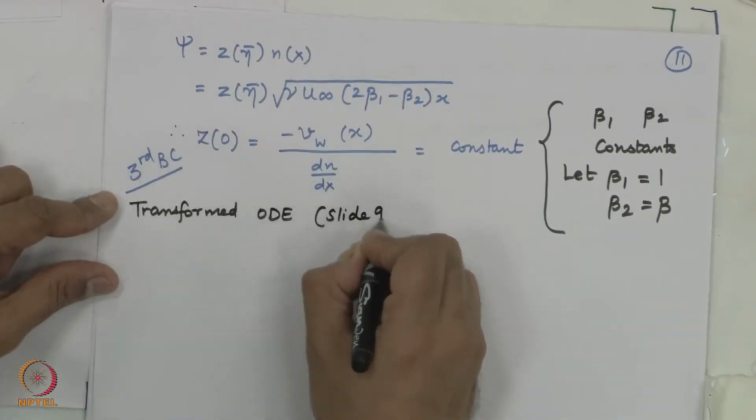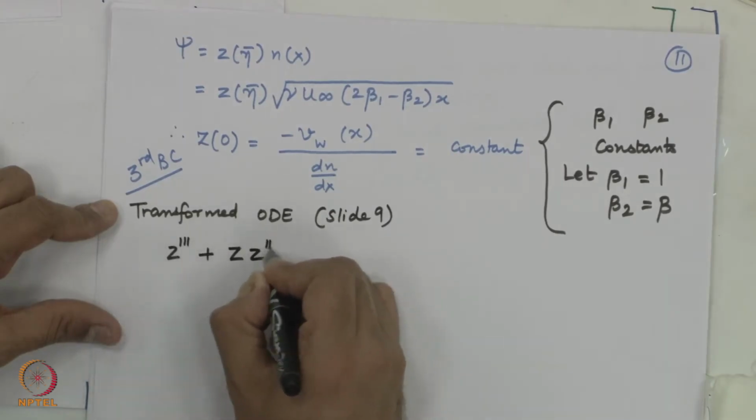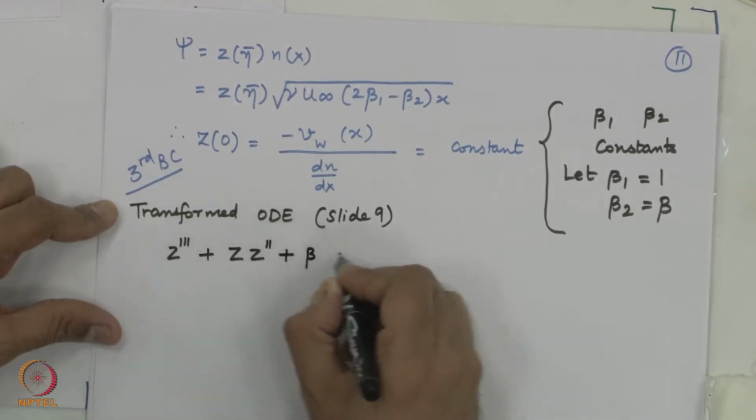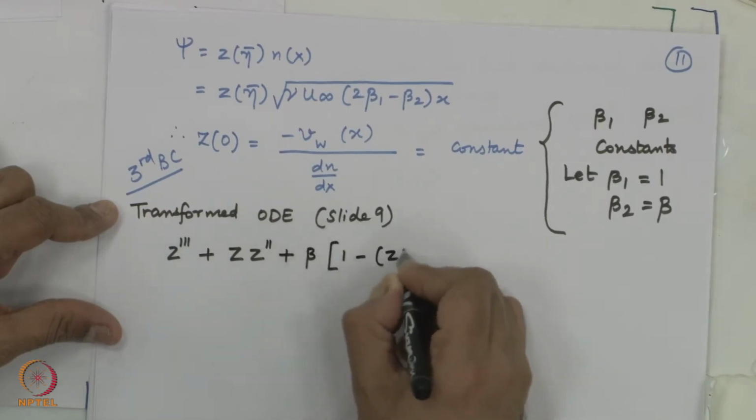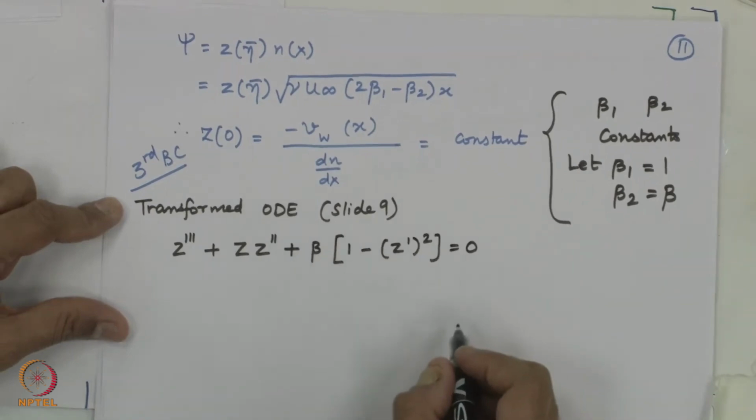From slide 9, I am writing z triple prime plus z double prime plus beta into 1 minus z prime whole squared equal to 0.